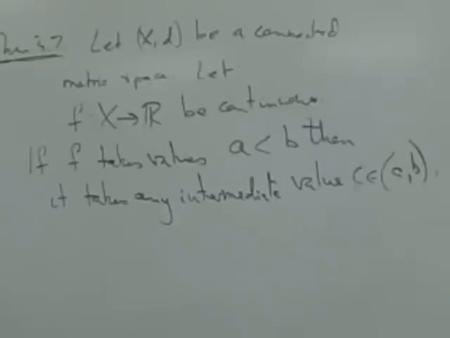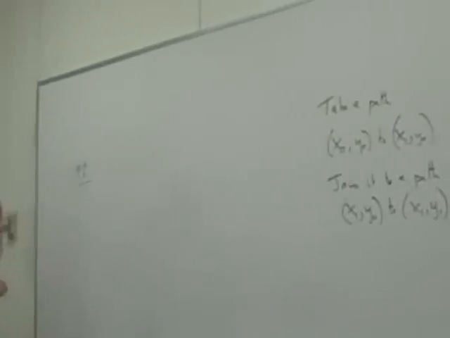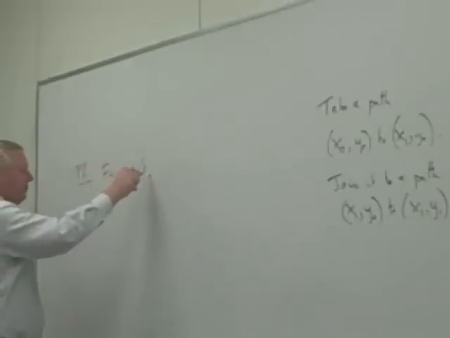And the reason for it is this. It's essentially the argument that we had in that example with the one-to-one function. Fix a c in the interval (a, b).